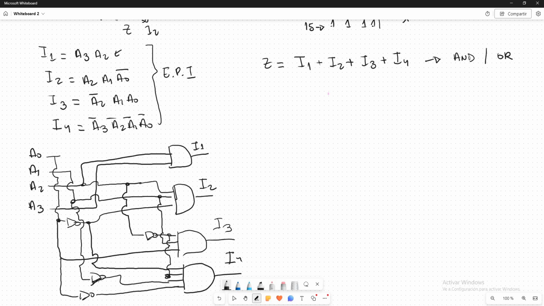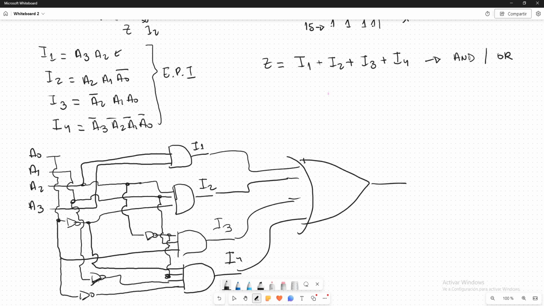I'm not sure if I have made some mistake, just checking it. You can think of a better way of doing it, okay? I mean, this is quite a mess because I didn't spend a lot of time thinking about how to wire this, and all of them are going to be the input of an OR gate. So this is the implementation with a logic circuit of the problem.